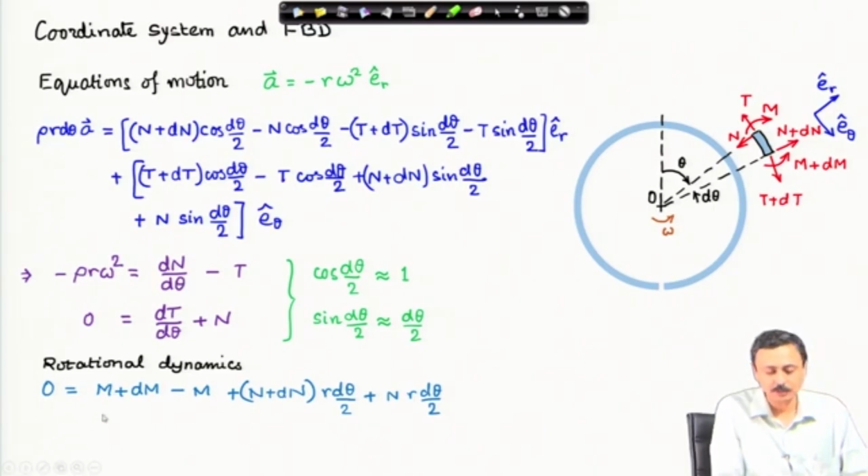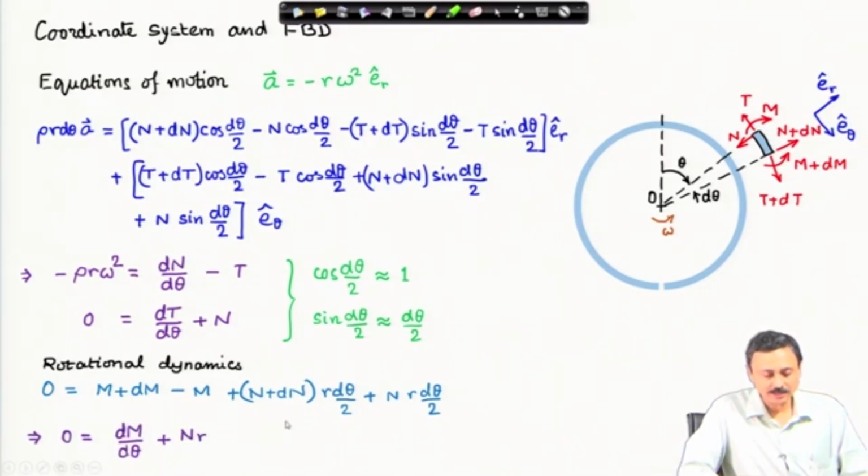Therefore, 0 is equal to the sum of all moments about the center of mass, and in that we have the bending moment and the shear force producing moments, ignoring first order small terms. If I simplify this equation, I get dm d theta plus n times r is equal to 0.